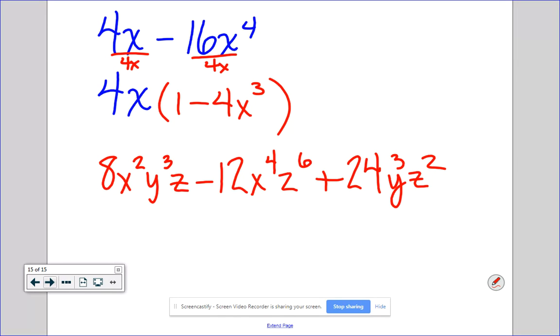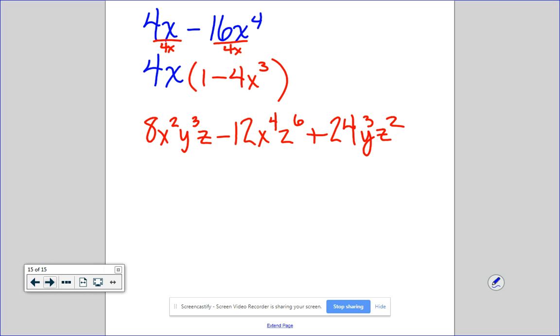Are 30 more seconds enough, or do we need more than that? All right.